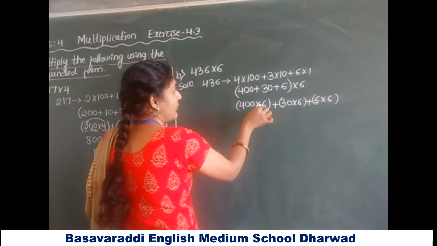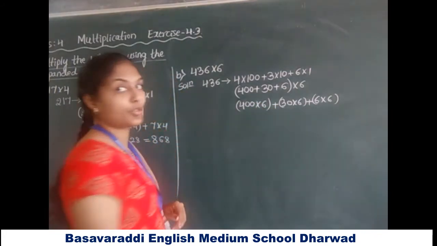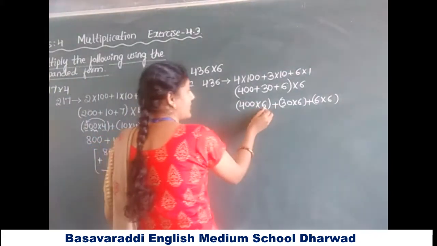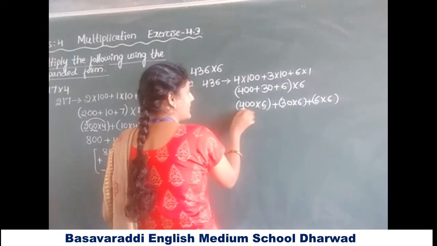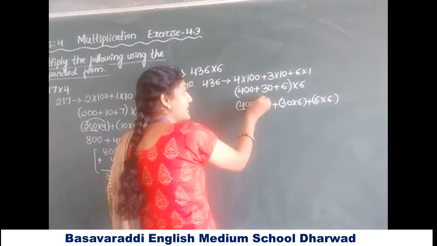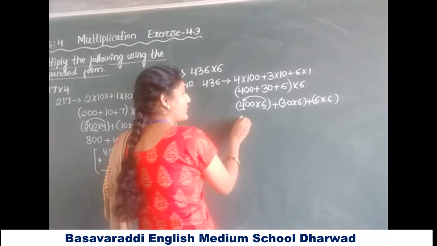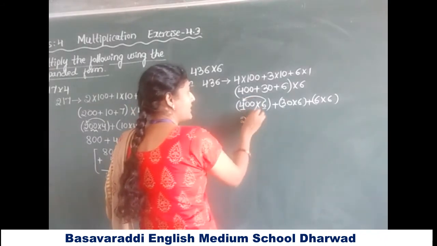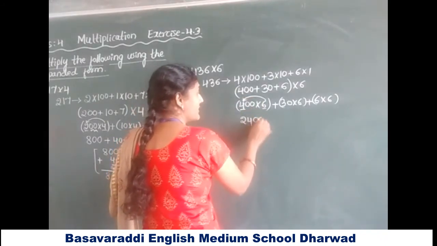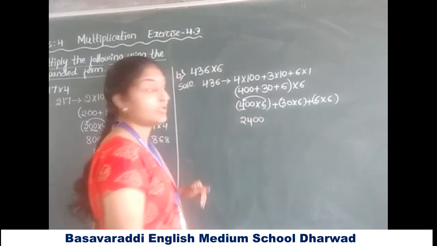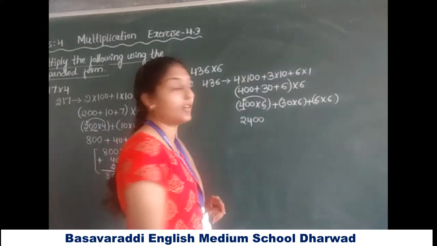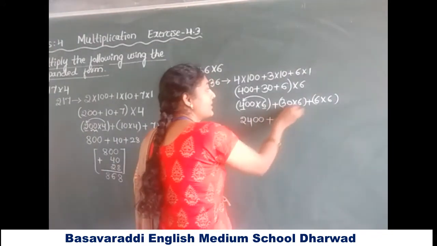Multiply first the non-zero part. The 6 and the 4, these are the non-zero part. So 6 4s are 24. Let's write the remaining zeros as they are. Then the 2 zeros, so that becomes 2400 plus the 30 into 6.